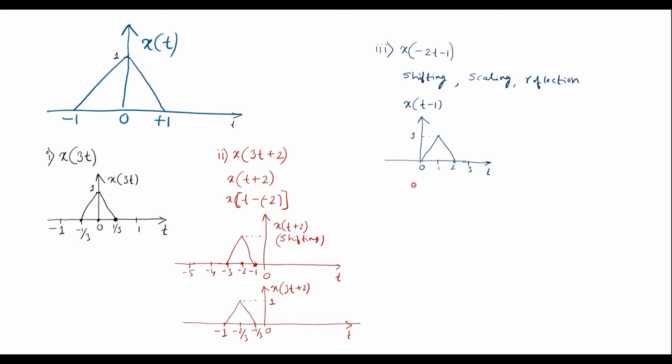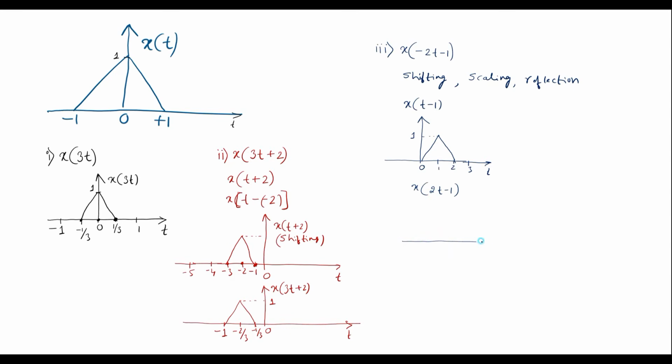Next we are supposed to perform x of 2t minus 1, that is scaling this waveform by factor 2. Therefore now we'll get the compressed version of this signal, compressed by factor 2.